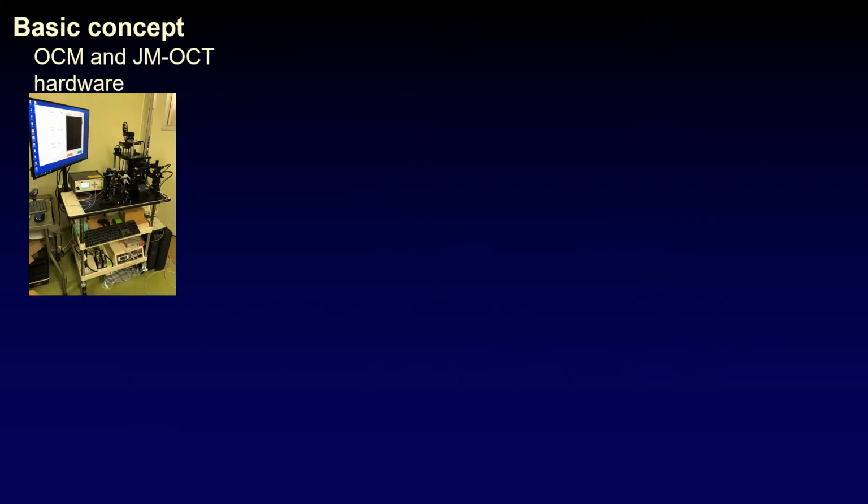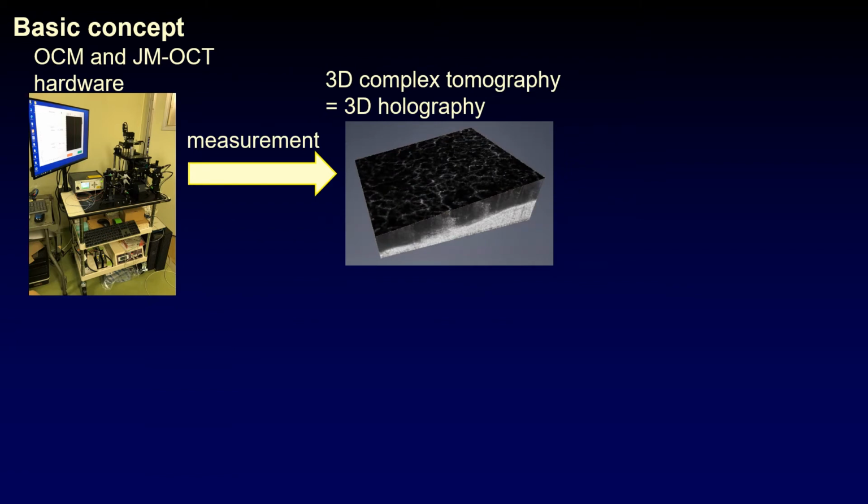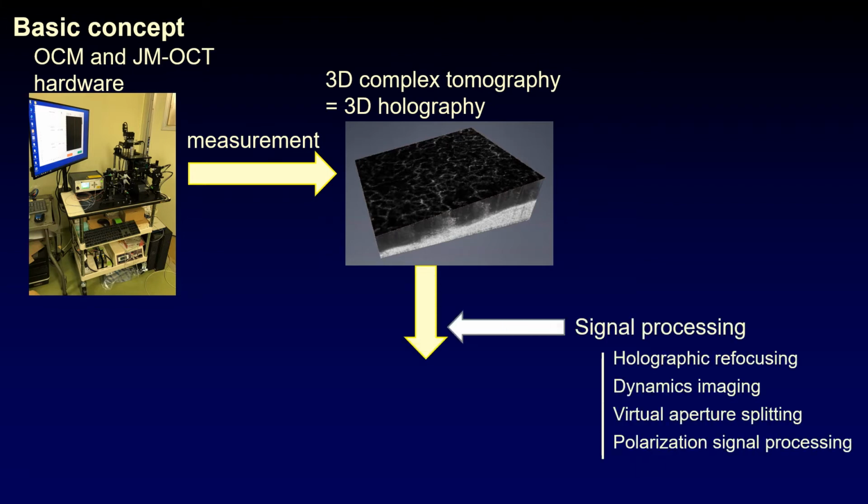Let me clarify the measurement concept of our multifunctional optical coherence microscopy. The starting point of the measurement is the OCM or Jones matrix OCT hardware. By using it, we are going to have a three-dimensional complex tomography, and actually this is a three-dimensional holography. And then we are going to apply several types of signal processing, and each of the signal processing corresponds to each of the measurement functions.